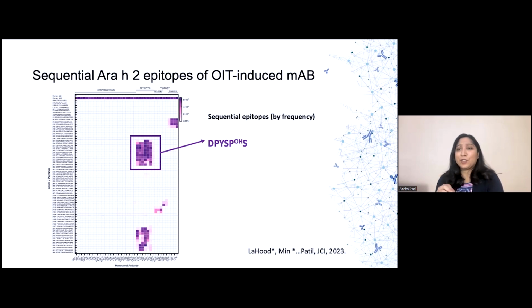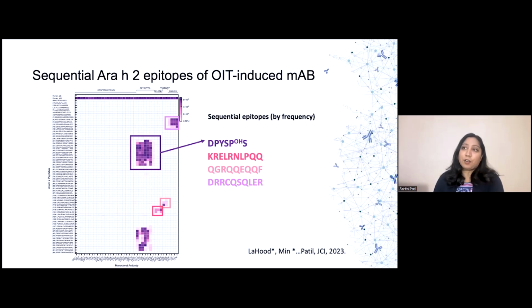And what's really interesting is that because there are multiple motifs within this immunodominant peanut protein, you can actually use a multiple motif segment, just that loop region of ARA-H2, and actually activate allergen-specific effector cells by cross-linking that IgE.